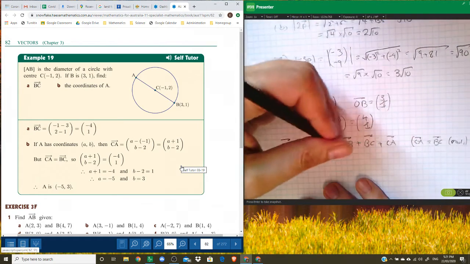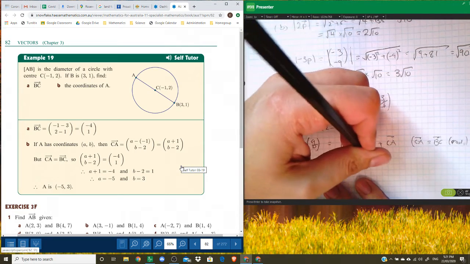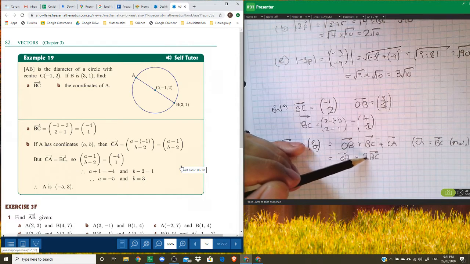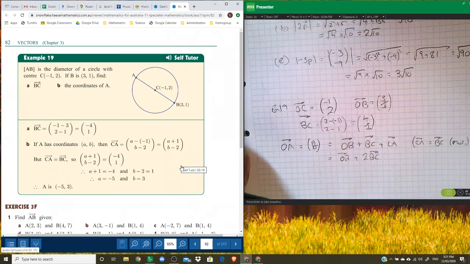So OB plus, it's basically just double. Traveling the full diameter, we just double the travel from the edge to the center, and C is the center.